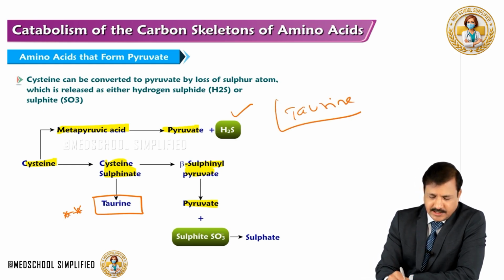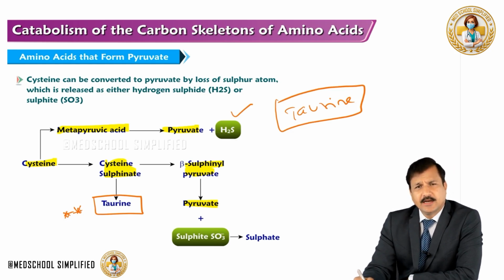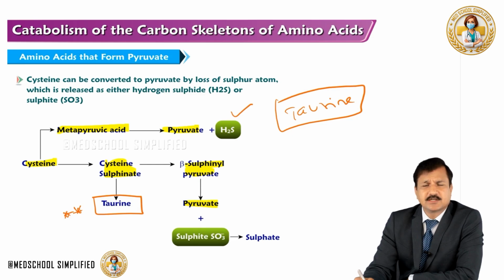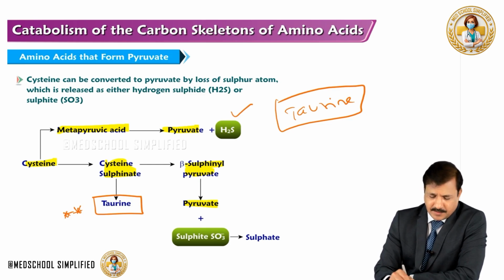You must have studied dietary lipid digestion and absorption. In dietary lipid digestion and absorption, there is a requirement of bile acids, and these bile acids are synthesized in the liver.